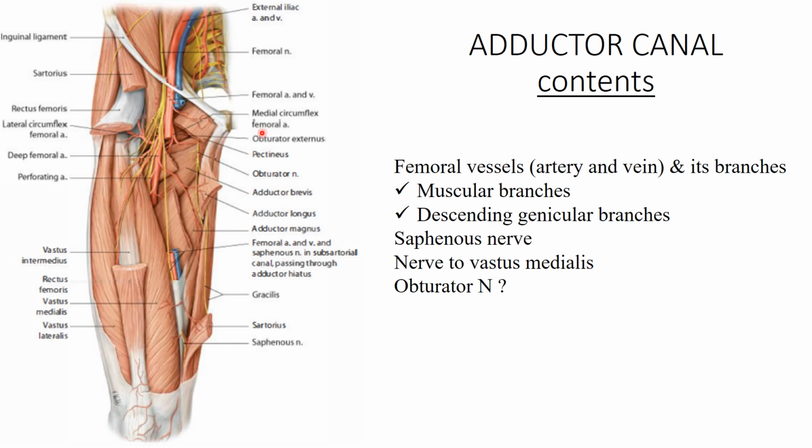For that we will explore the contents of the adductor canal. So the adductor canal harbors the continuity of the femoral vessels, the femoral artery and the femoral vein and its branches. The femoral artery here gives the muscular branches to all the muscles, quadriceps femoris as well as sartorius, and it also gives rise to the genicular branches. So there are two sets of branches to the muscles and a descending genicular branch.